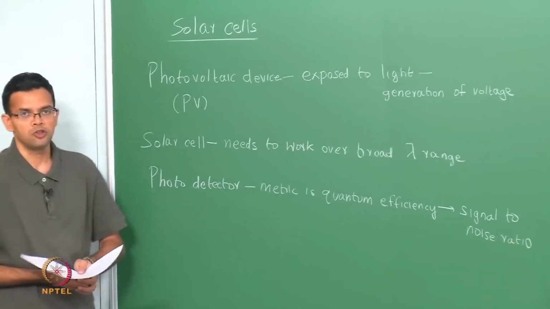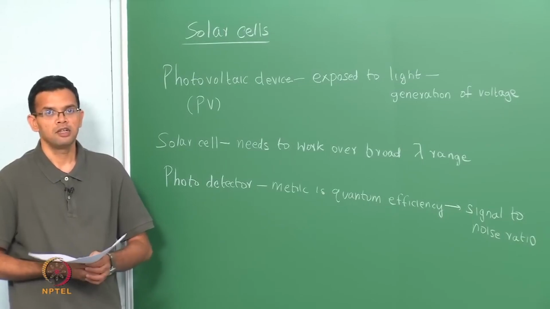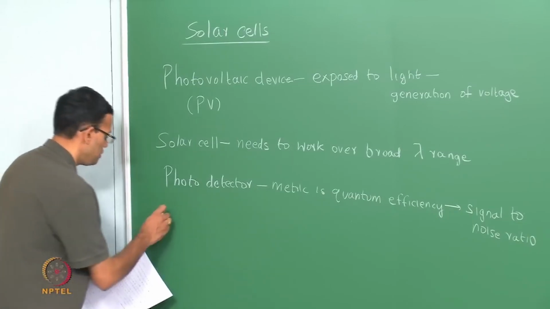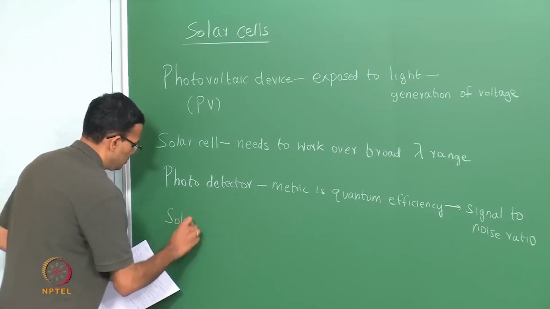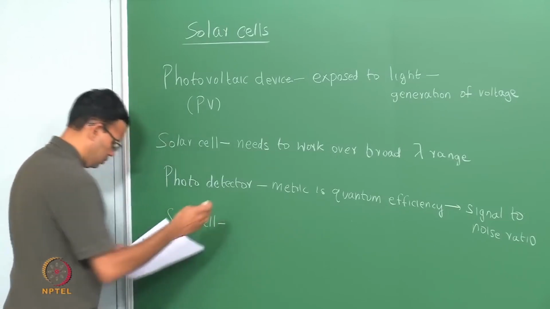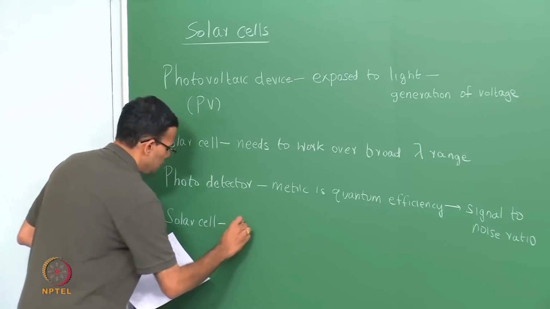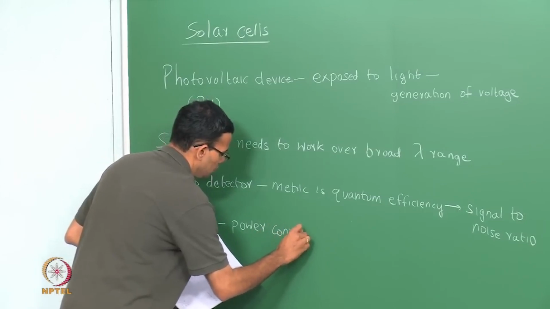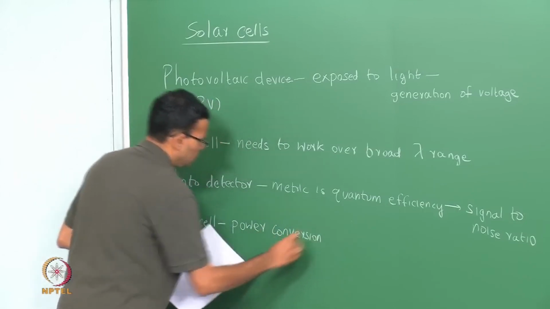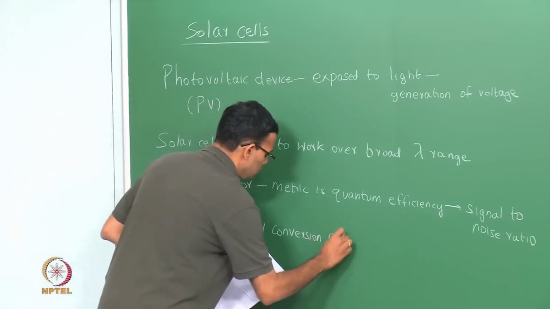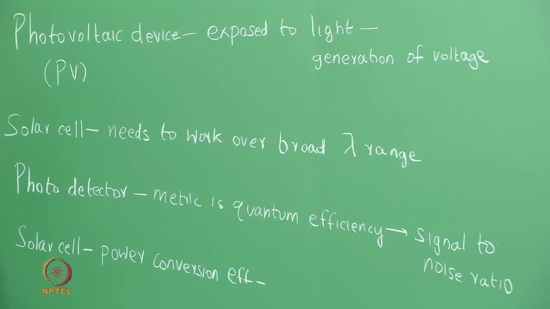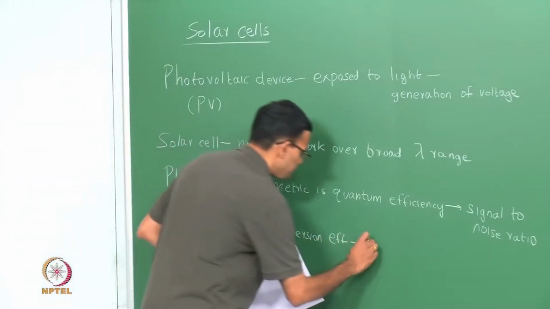In the case of a solar cell, the metric that is normally used is the power conversion efficiency. This is the power delivered per incident solar energy.